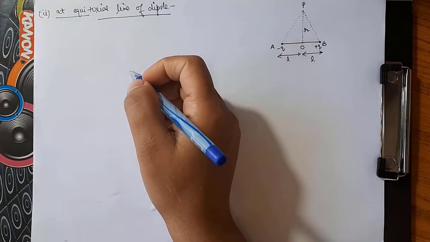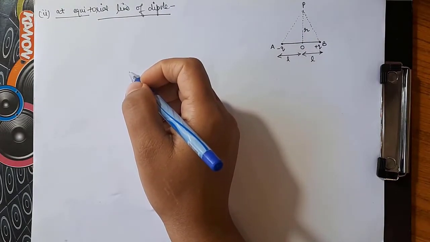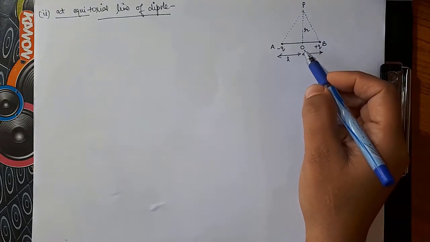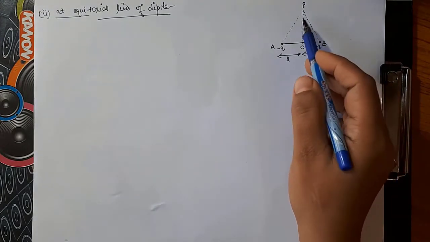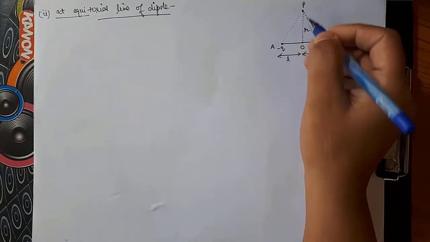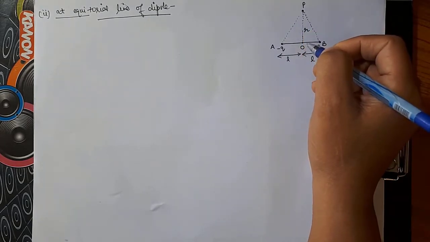Now let us calculate potential at the equatorial line of the dipole. Equatorial line means a line which is passing through the center of the dipole. Let the point be placed at point P and its distance from the center of the dipole is represented as r.